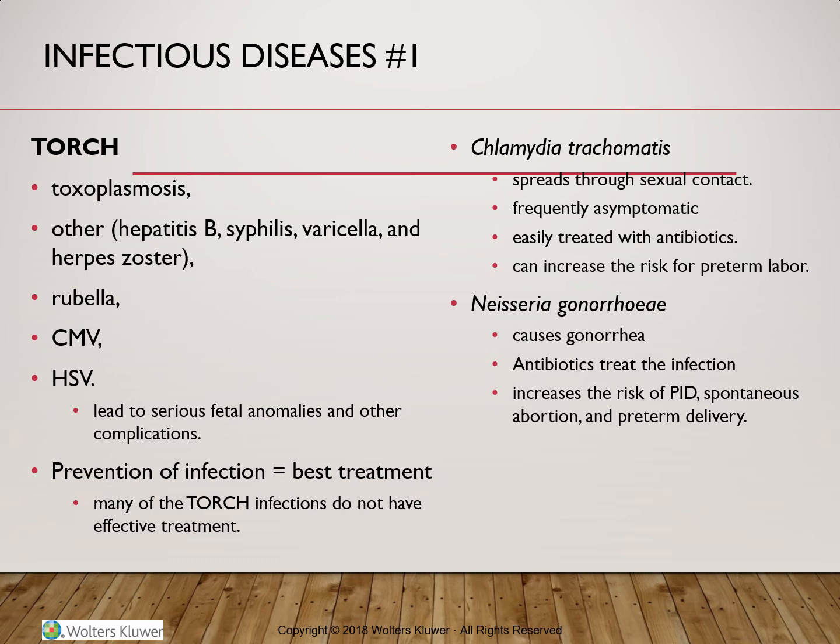It can be given during pregnancy. It's perfectly safe to use during breastfeeding. And for those individuals that are allergic or sensitive to penicillin, they may receive erythromycin. Penicillin is also the treatment of choice for the newborns with congenital symptoms.